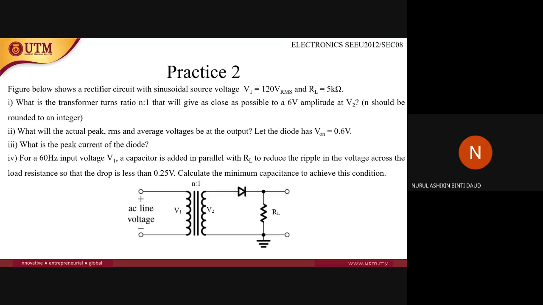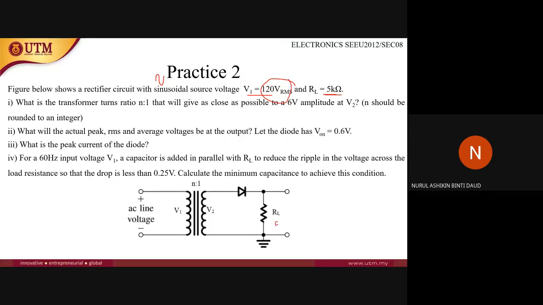First of all, look here. The figure below shows a rectifier circuit with a sinusoidal source, voltage V1 of 120 VRMS. Be careful, this is not the absolute value, this is the RMS value, and RL is the resistance, with a value of 5 kilo ohm.